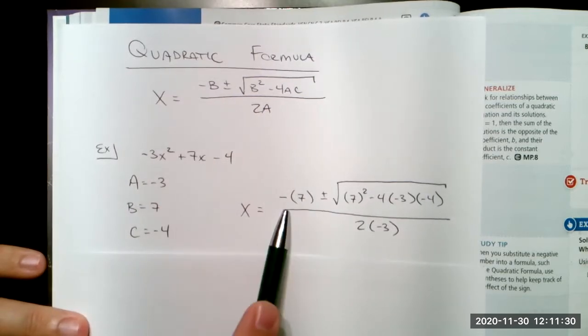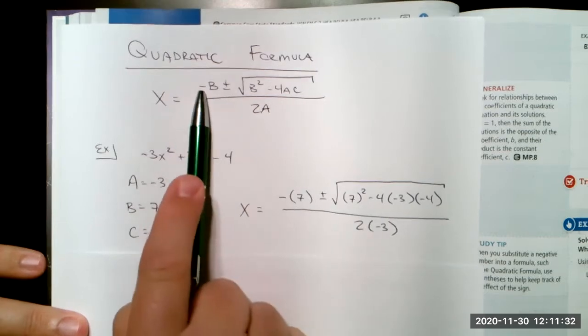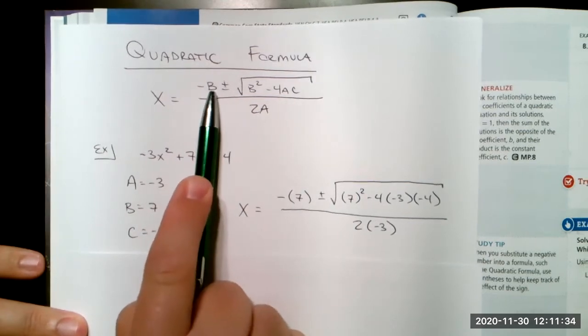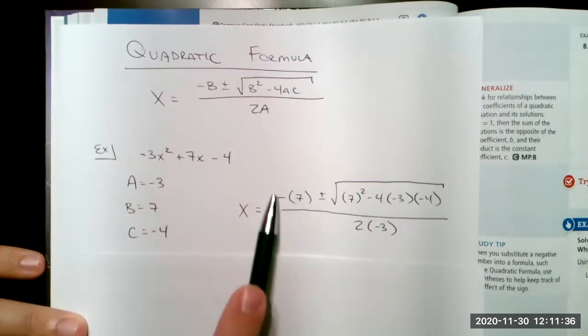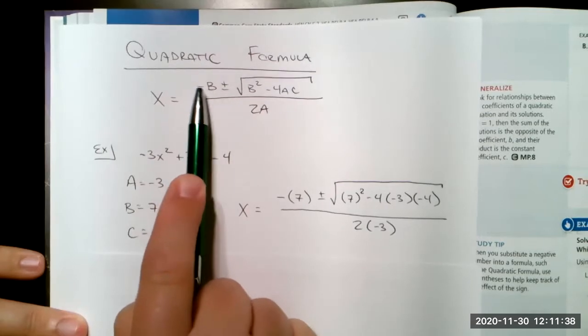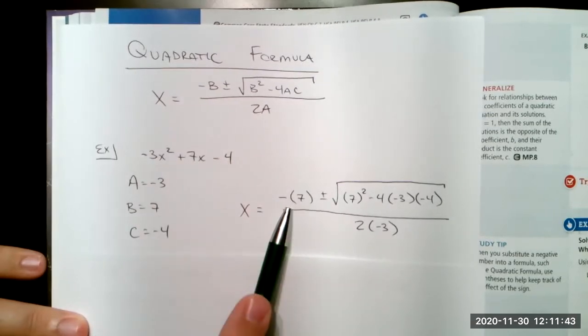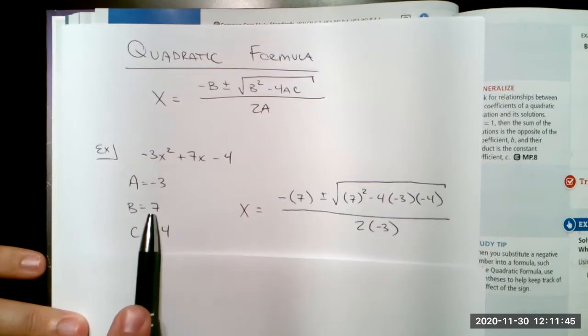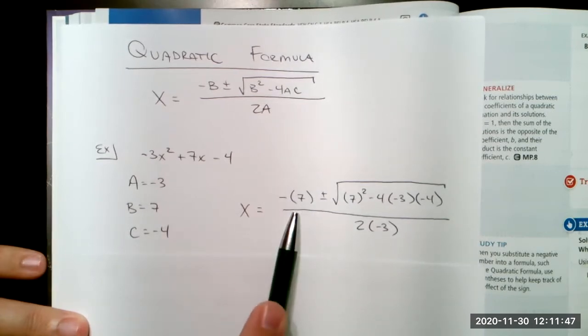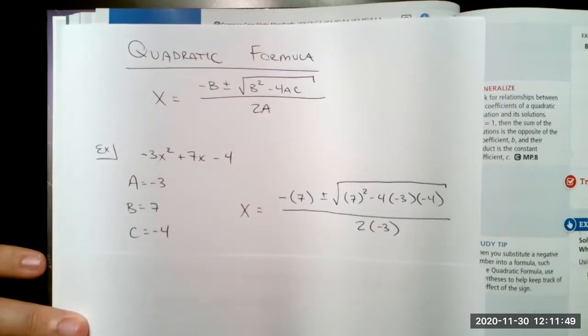I've got negative 7. So don't think about this as a negative b. I don't want you to think that that first term there always has to be negative. Think about it as the opposite of b. So if b is 7, that first thing is a negative 7. If b is negative 12, that first thing is a positive 12. It's just the opposite. All right.